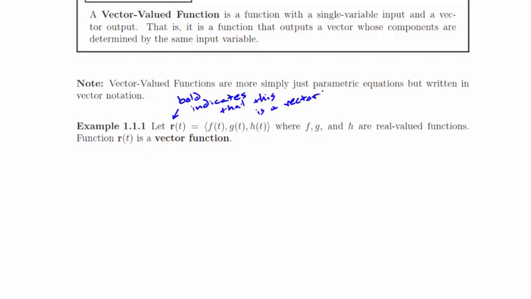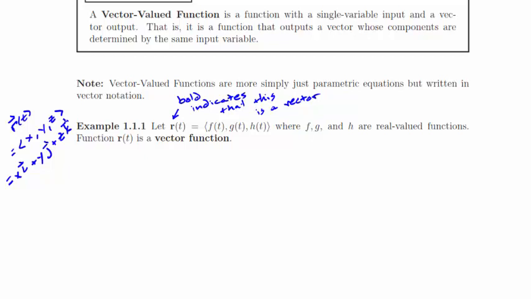We want to keep in mind that if we're doing this by hand, you want to write r of t like this, equals, and then we'll have our x, our y, and our z values in these angle brackets, or we can use the ijk notation. So this is my x value plus my y value times the j direction plus the z value times the k direction.